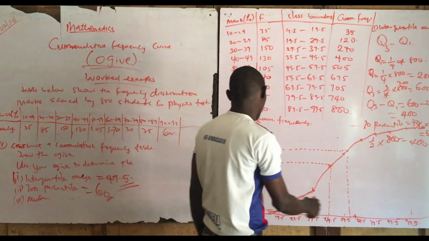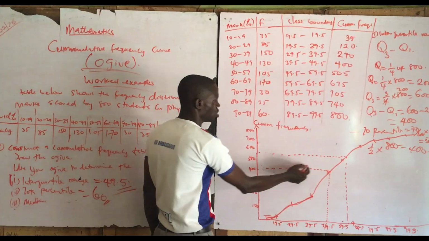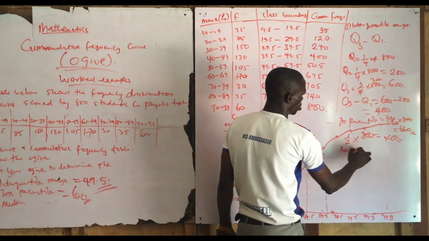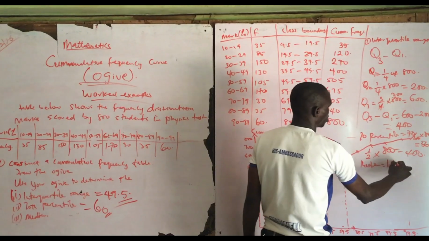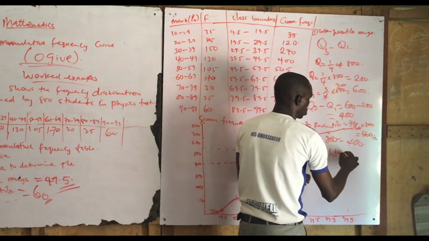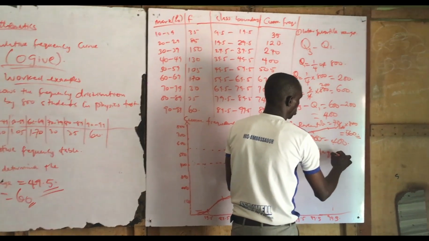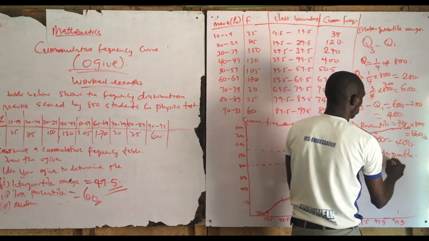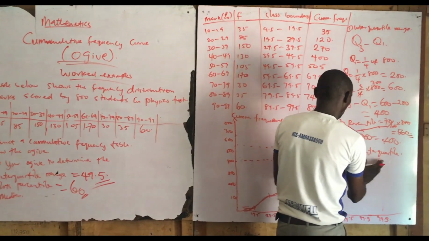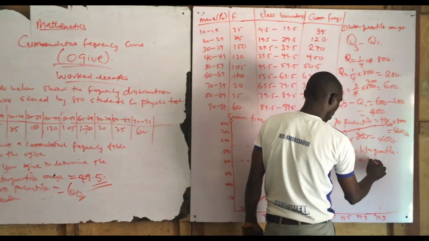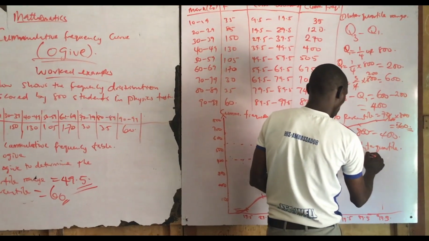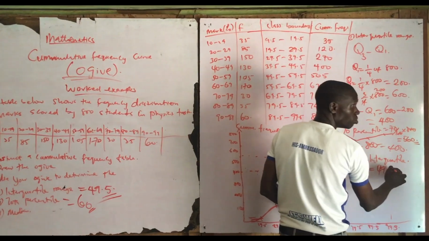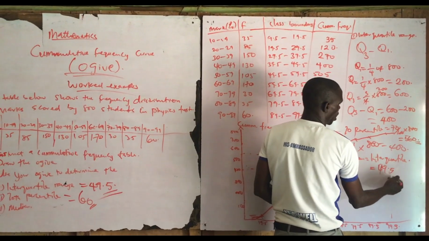So you come here, look for 400, and trace it. So the median is equal to 49.5.